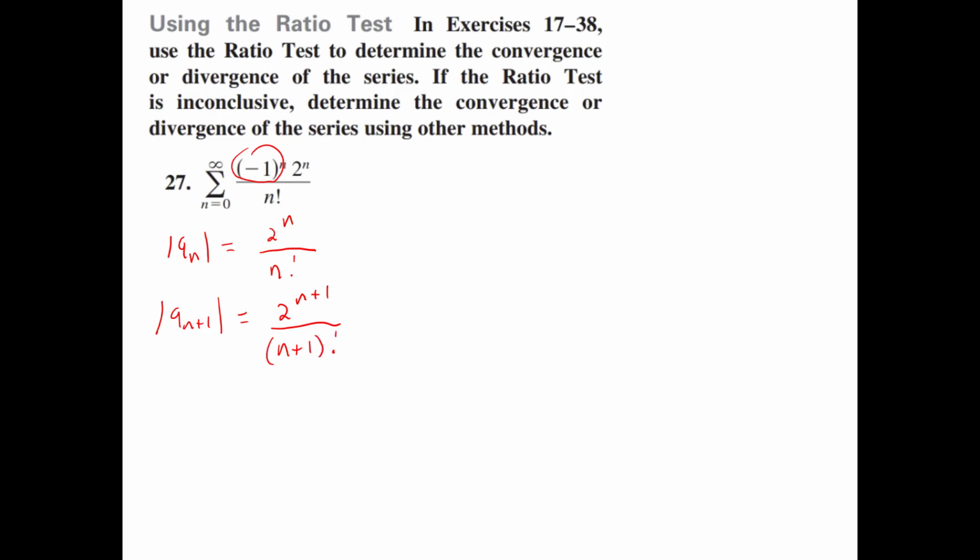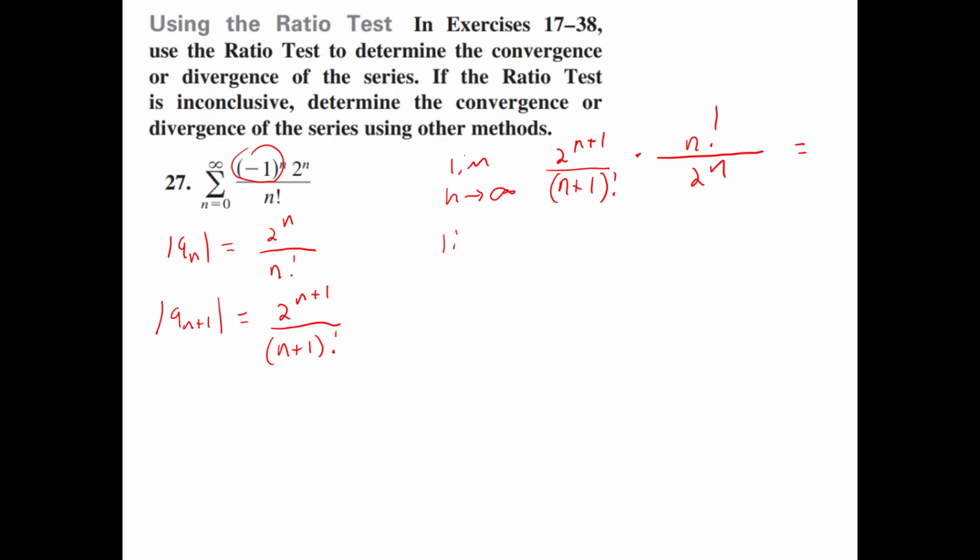And so then we're supposed to take the limit as n goes off to infinity of the absolute value of a sub n plus 1, which is going to be 2 to the n plus 1 divided by n plus 1 factorial, and multiply it by the reciprocal of the absolute value of a sub n, which is n factorial over 2 to the n.